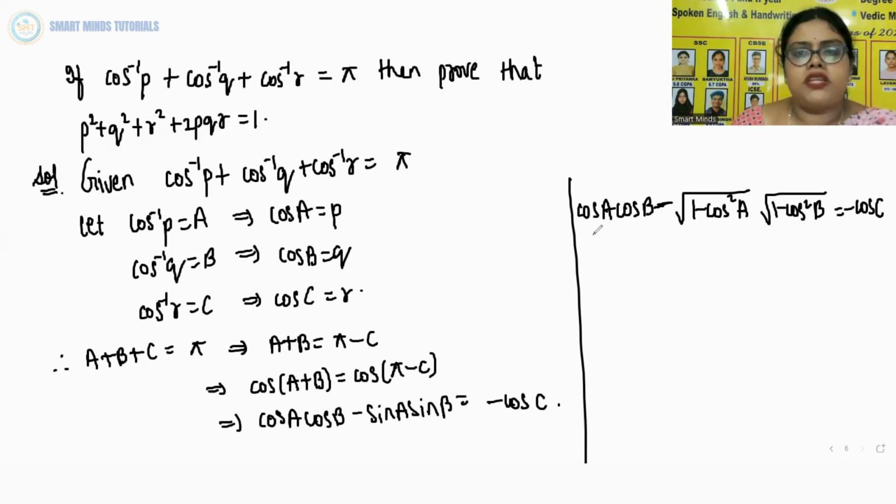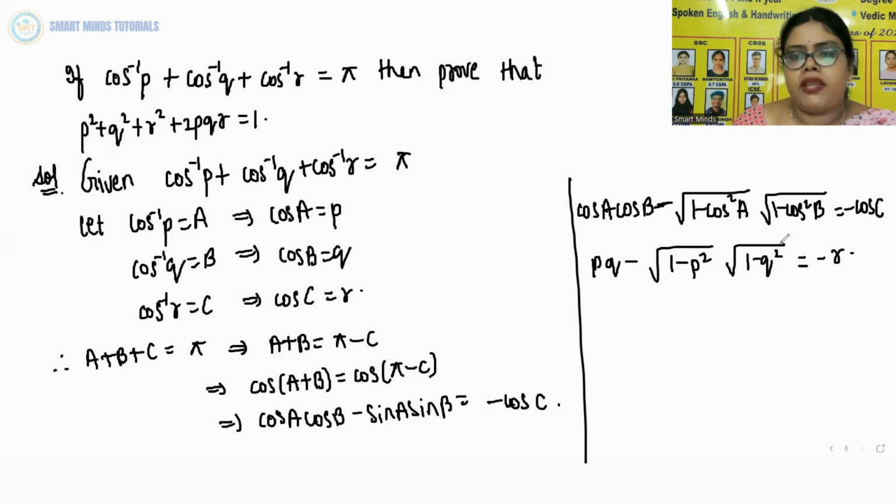So now we substitute the values. cos A is P, cos B is Q, and cos C is R. So PQ - root(1 - P^2) root(1 - Q^2) = -R.